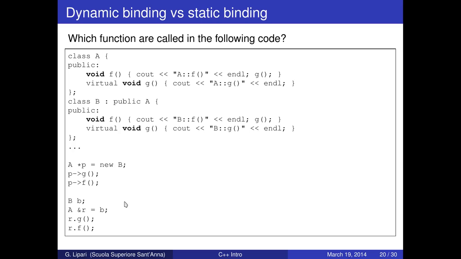Okay? So now let's look at what is going on here. P is a pointer to the base class A, and it points to an object of type B. So when I write P->G, which of the two G is going to be called? The B one, so the second one, right?